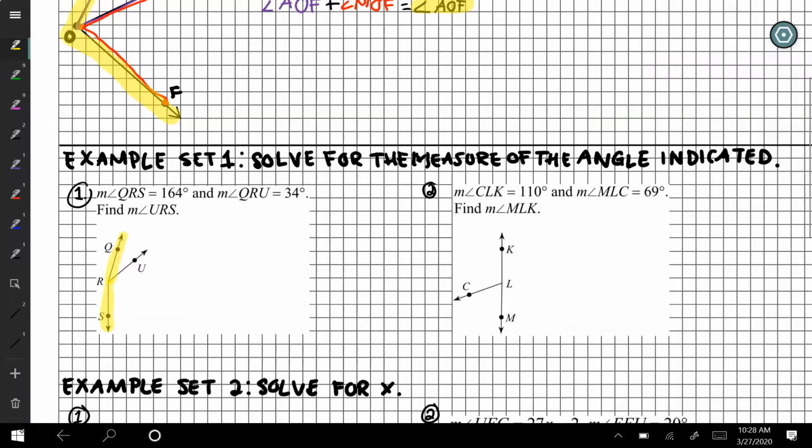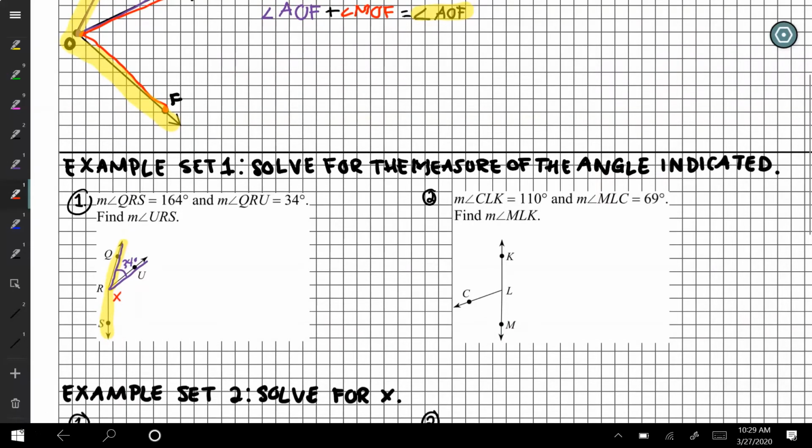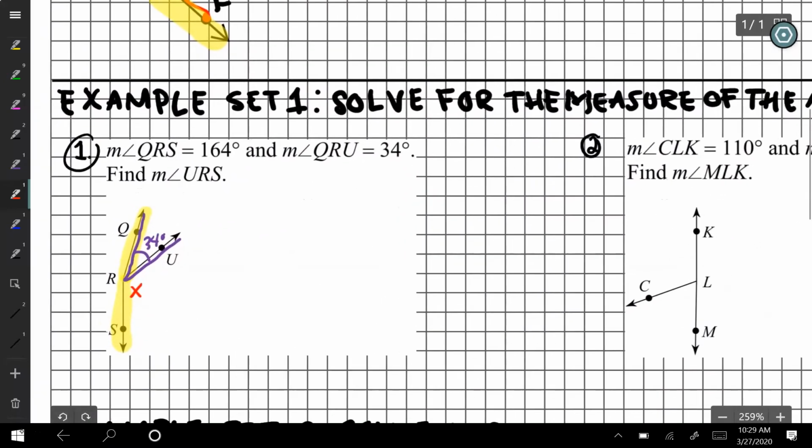And the measure of angle QRU is 34 degrees. Alright, so we want to find the measure of angle URS. So I'm going to set up my problem the same way I did up here. Zoom in a little so we have more space to write.